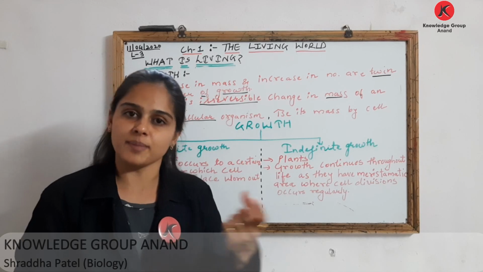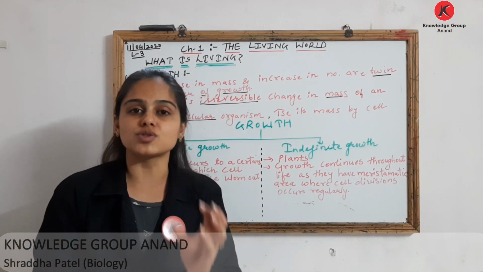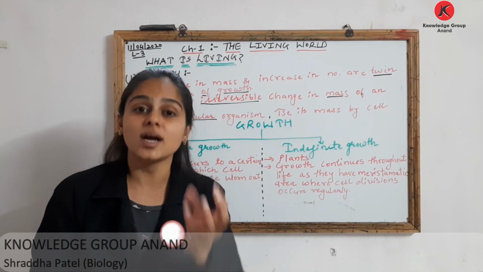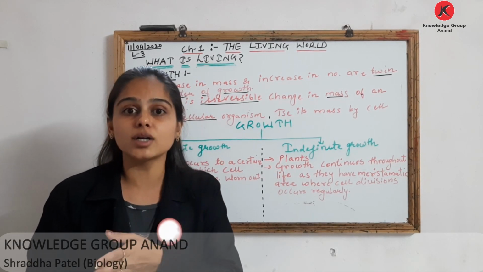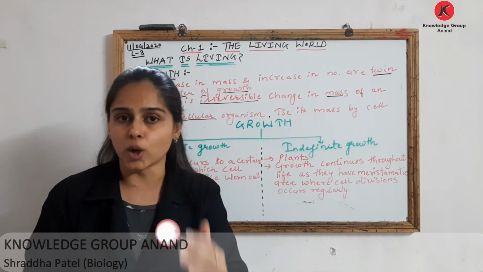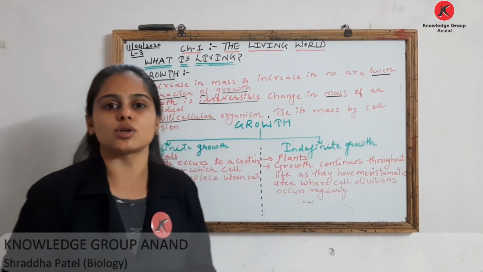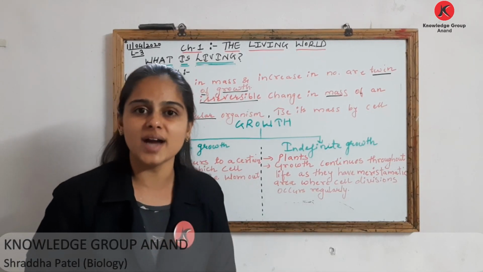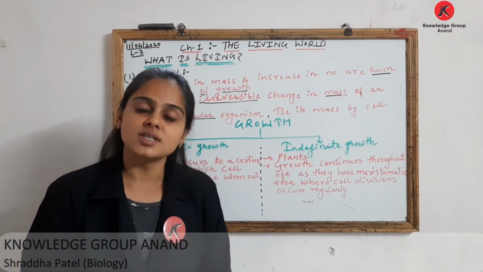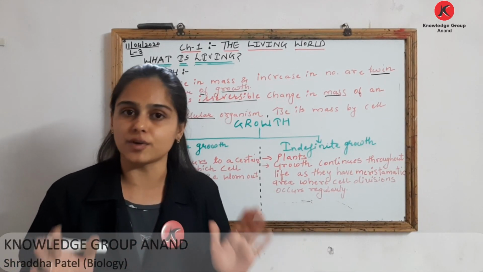By fusion of male gamete and female gamete, fertilization होगा which results in formation of zygote. This zygote undergoes cell division, that is your mitosis. I hope you are familiar with this term, which results in formation of an offspring which is delivered out. Followed by which cell division होगा and आपकी growth होगी, आपका mass increase होगा.